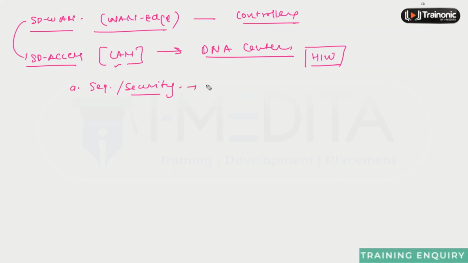We can use the VLANs or the ACLs to create the segmentation or to control who can talk to whom and what services can be accessed by the user. Now, as we discussed in the last videos, using VLANs to perform the segmentation or using access control lists to control the security in your infrastructure might not scale very well. Fine.